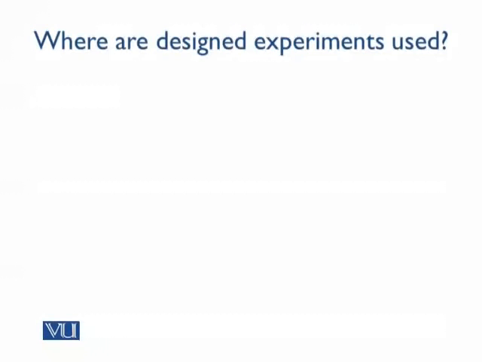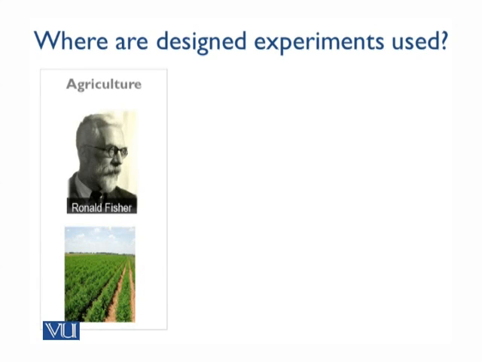So let us now talk about where design of experiments are used. Traditionally, design of experiments were proposed in the area of agriculture. So there is a very famous statistician, Ronald Aylmer Fisher, who is actually the pioneer and the creator of the discipline of design of experiments. And he proposed design of experiments specifically in an agricultural setting.